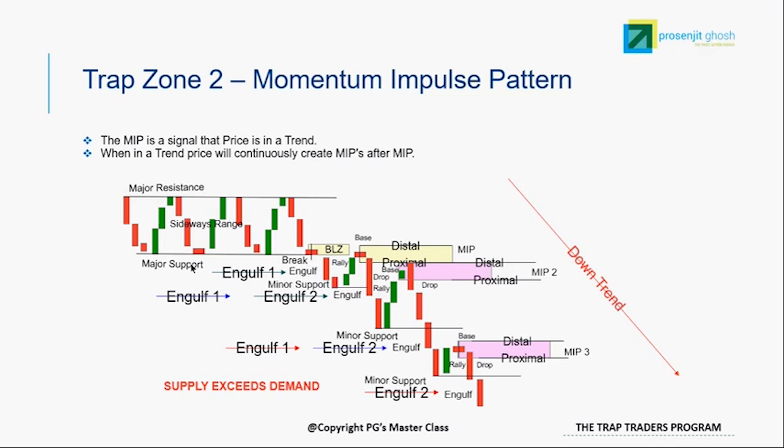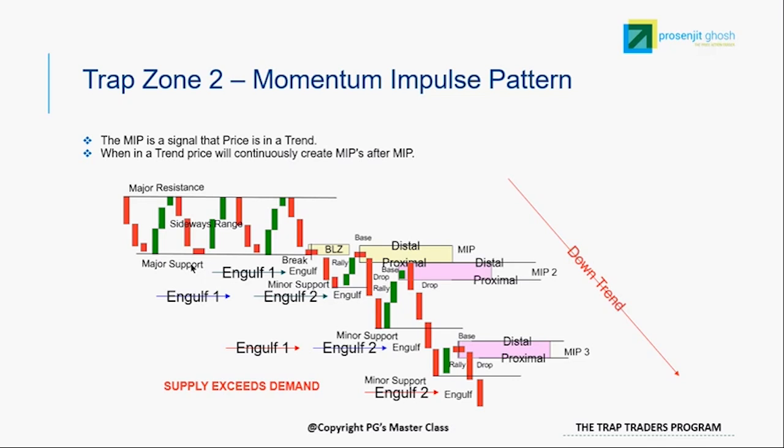Okay, Manjula has a question, but PG, in most of the cases we don't get a break limit zone as first resistance or support. I wanted to show you that in many cases it happens that first a break limit zone gets created and then MIPs get created by the reaction of the break limit zone.